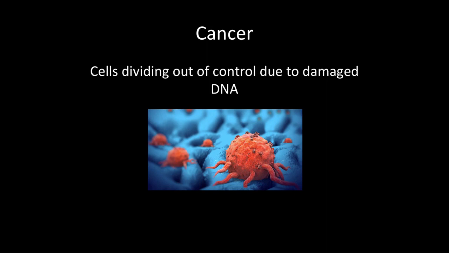The cell cycle, which is involved with cell division, is very specific and it's regulated to where you have certain signals that tell the cell to continue and certain signals that tell the cell to stop. But in a cancer cell, the DNA that controls those signals, whether to continue or to start or to stop the cell cycle, has been damaged. And if it has been damaged, the cell could start to divide out of control.